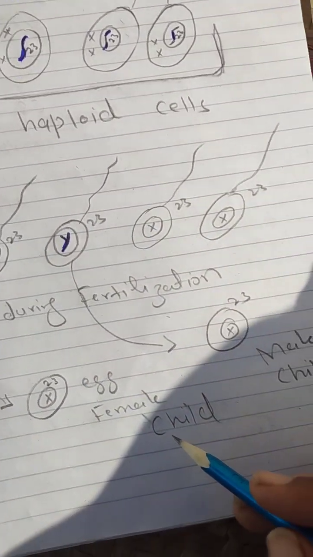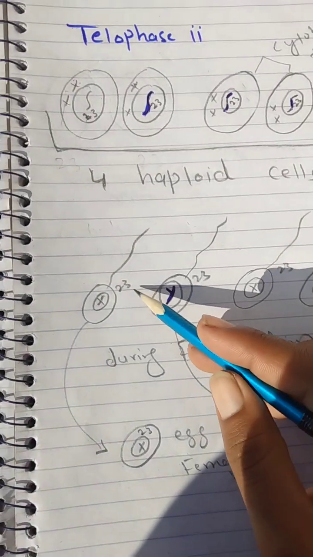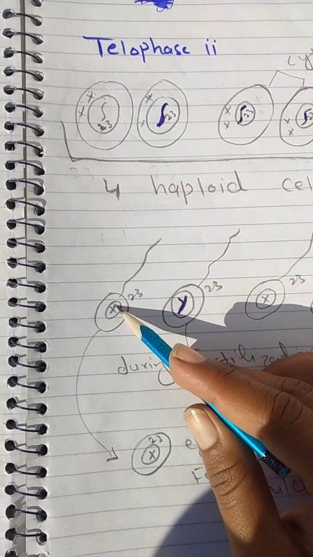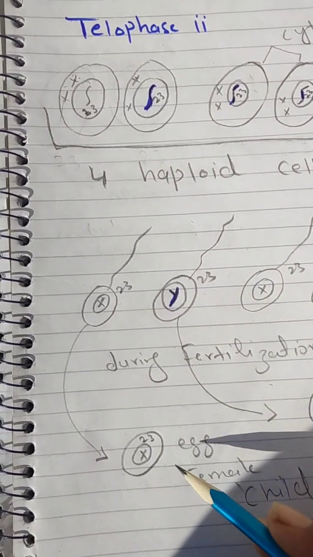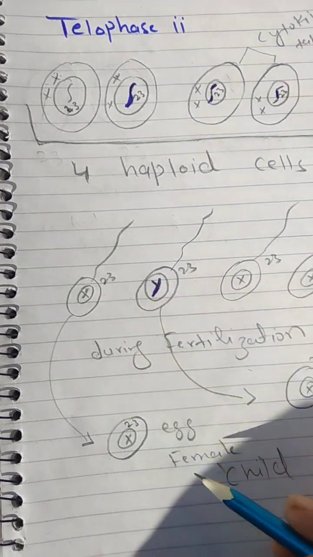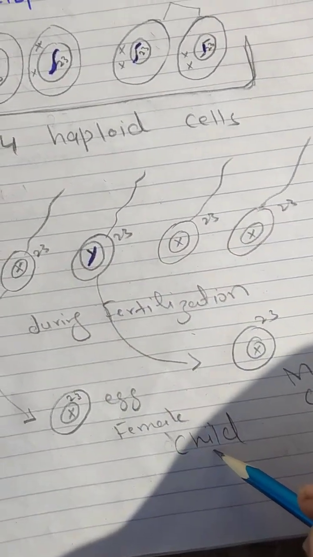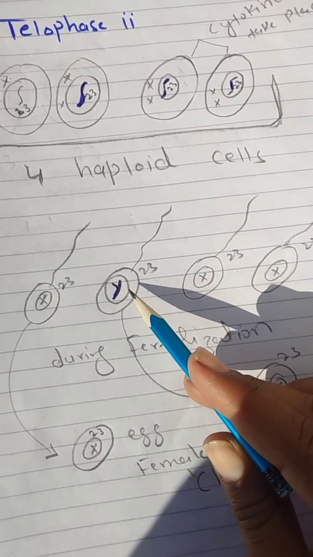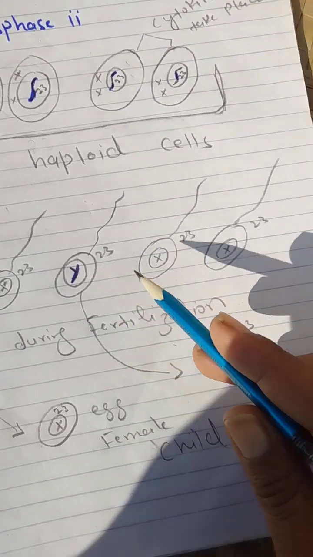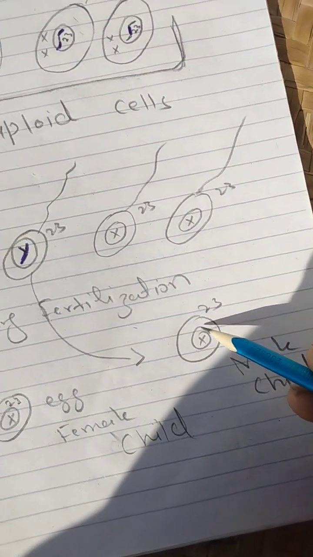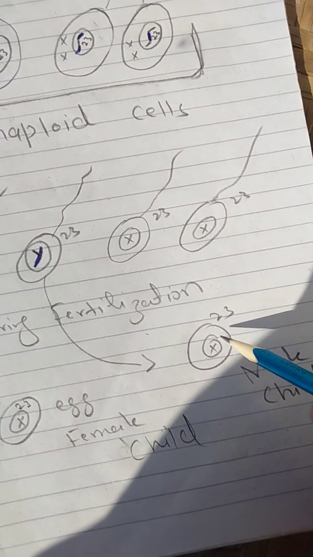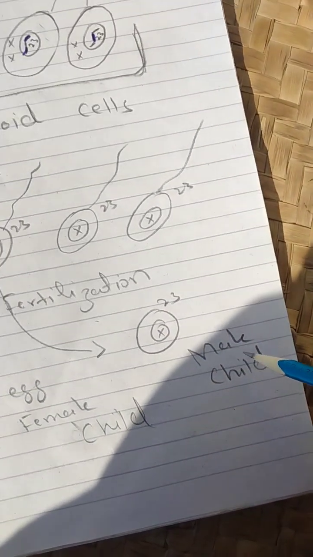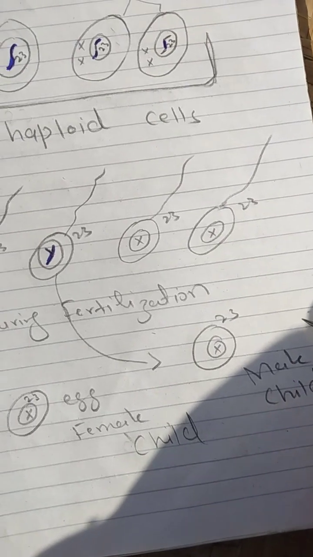If the sperm chromosome is X and the egg is also X, after fertilization a female child is produced. And if it is a haploid Y chromosome that fertilizes the haploid egg X, then a male child develops.